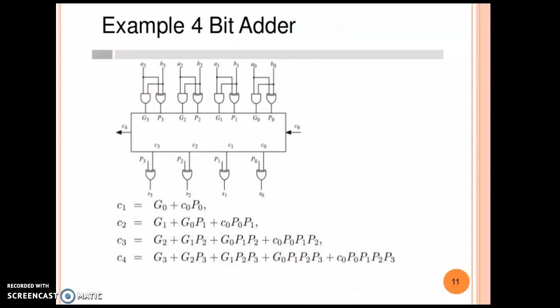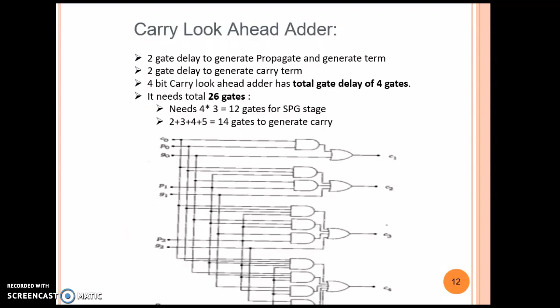We have seen that total 4 gate delay we are getting for this 4-bit adder, but for that 26 gates are required. The 26 gates we have calculated: 12 for the SPG stage and 14 gates for this stage. Now, a very important point is, this is an example of a 4-bit adder.